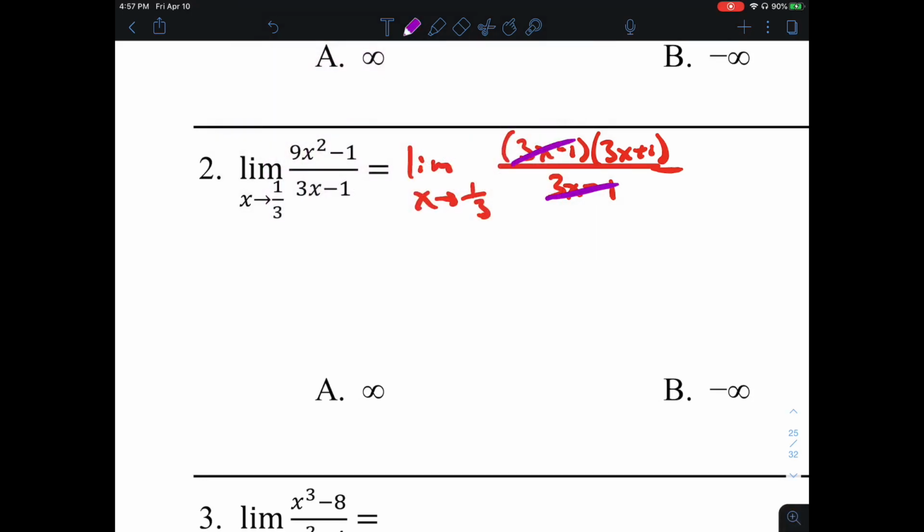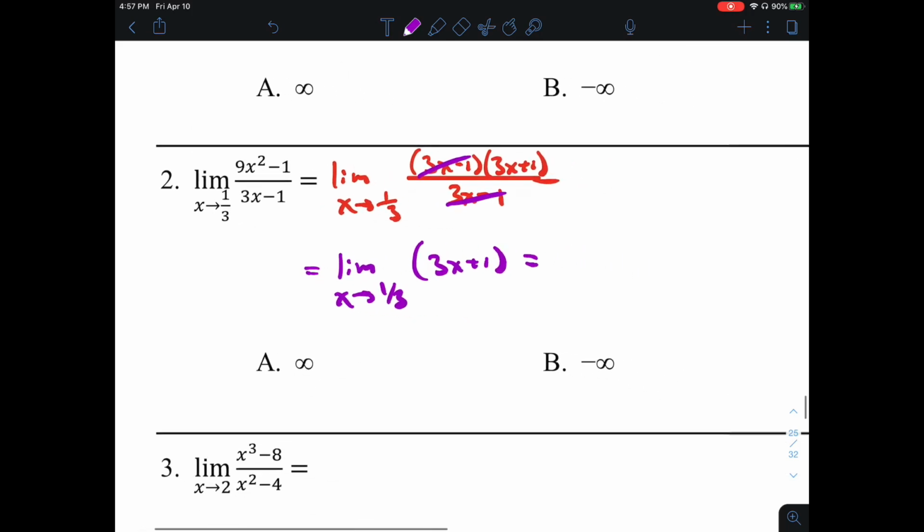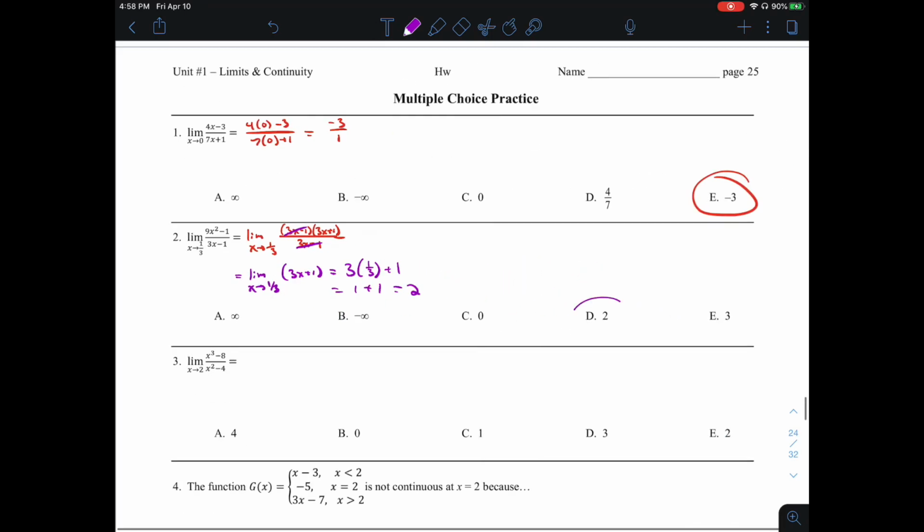And cancel a 3x minus 1 from the top and the bottom. So now we got the limit as x approaches a third of 3x plus 1. Can evaluate the limit by putting the 1/3 in for the x. And we end up with 1 plus 1, which I like to call 2. That's answer D.